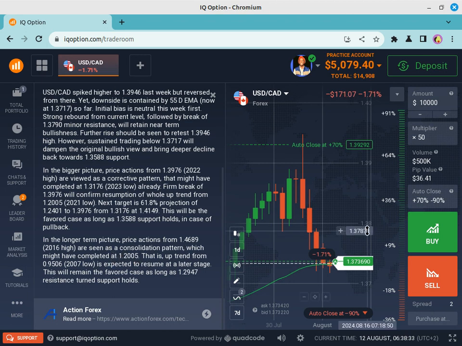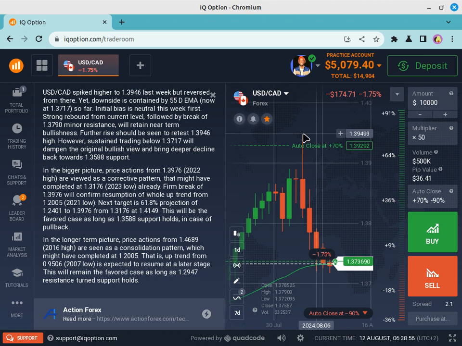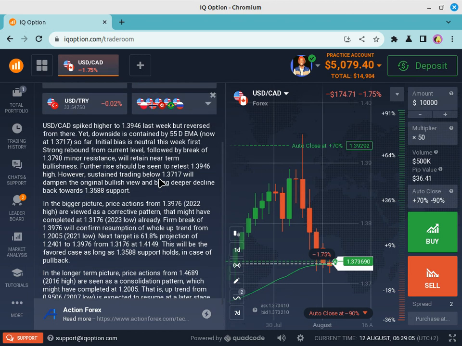So basically, what they're saying is they're expecting this 1.4 was a resistance level, and so they are claiming that in 2026 this was the high, right? So the reason why it crashed was because this was the resistance level of 2026.